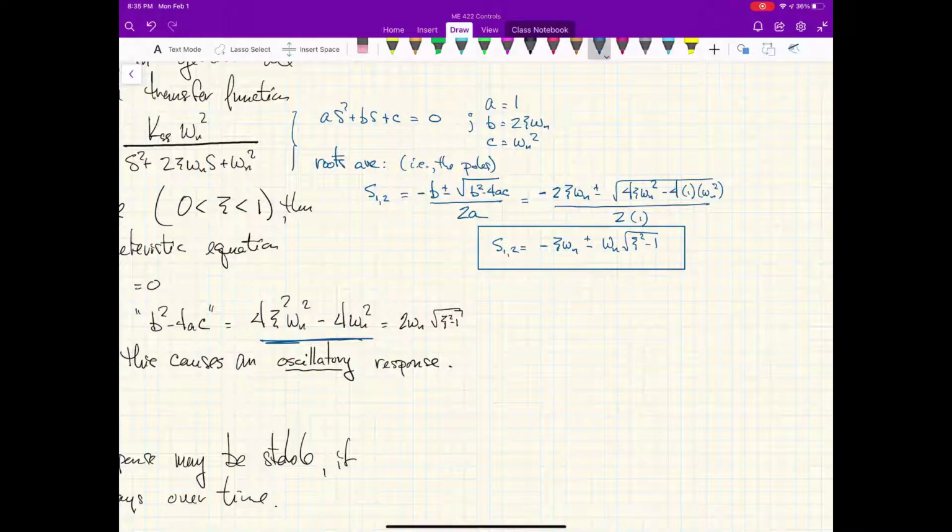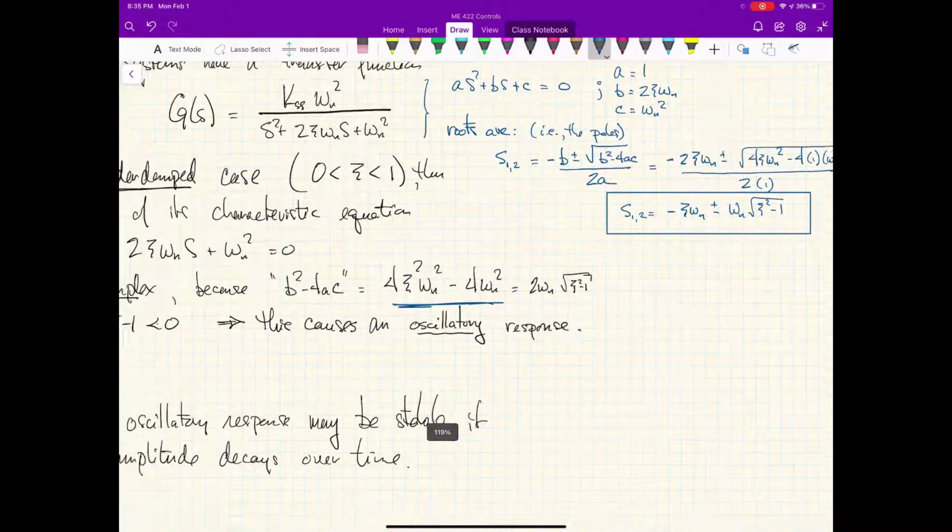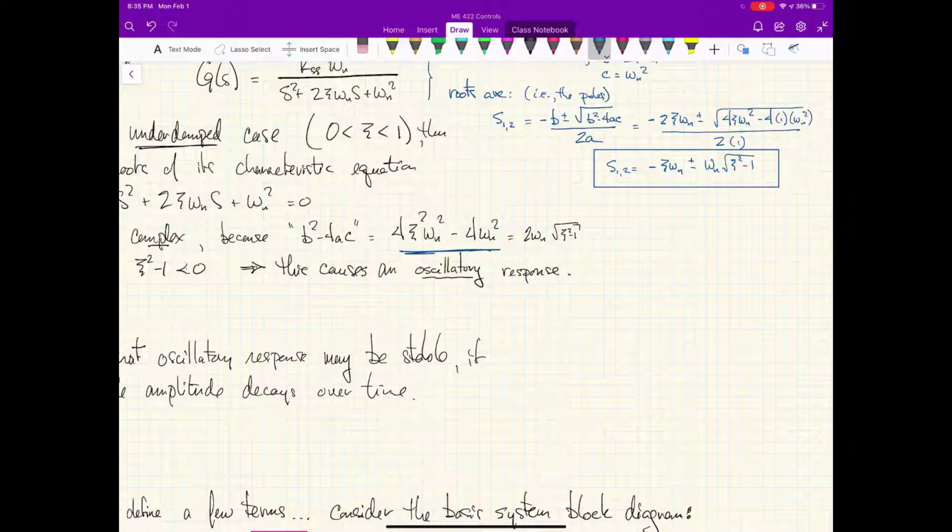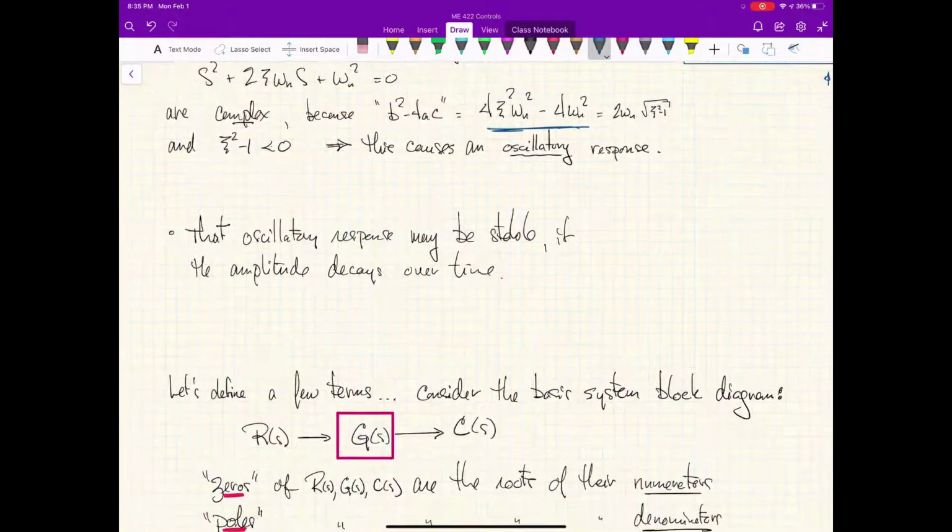Okay? All right, but for the time being, I just care about this term right there, the one that gives me this imaginary response, and that is actually what causes the system to be oscillatory for damping ratios between 0 and 1.